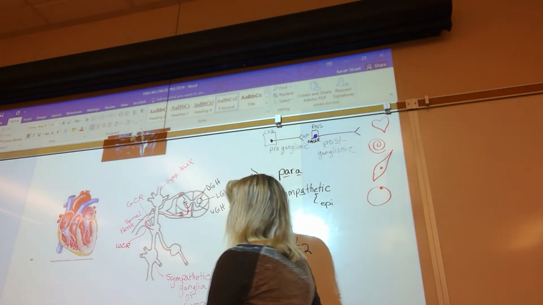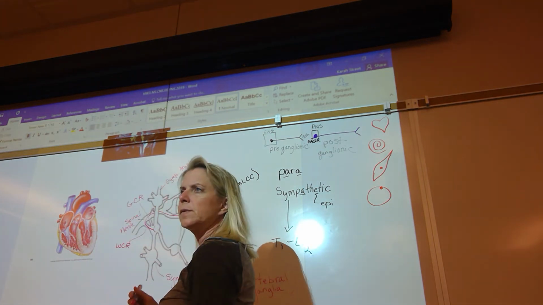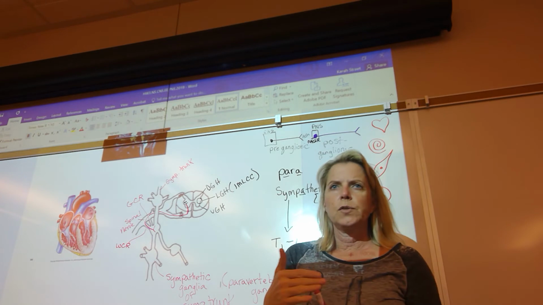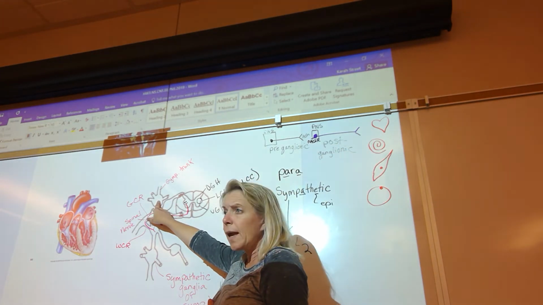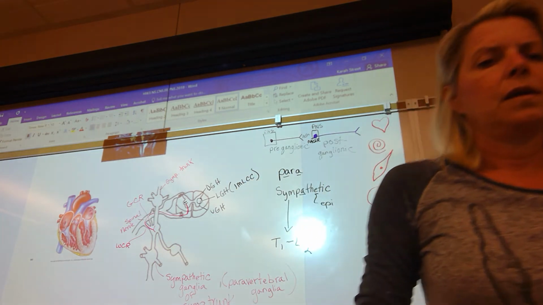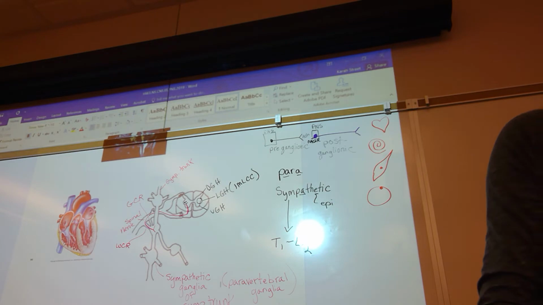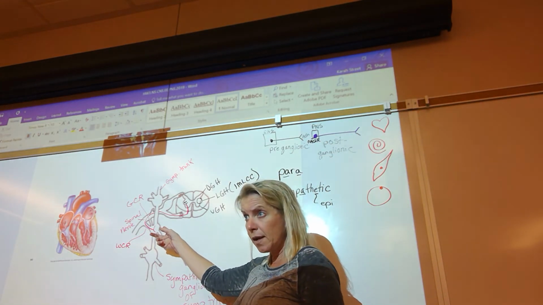Synapse meaning it's going to release acetylcholine onto the next neuron. These are ganglia. What's the definition of a ganglion? A collection of cell bodies outside of the central nervous system. This is outside the CNS.